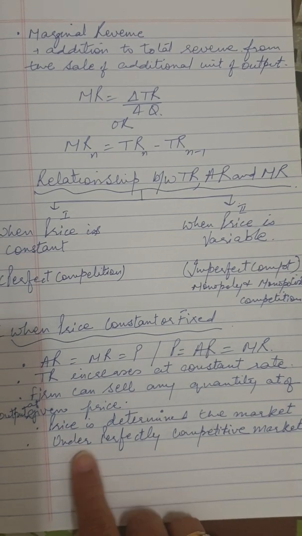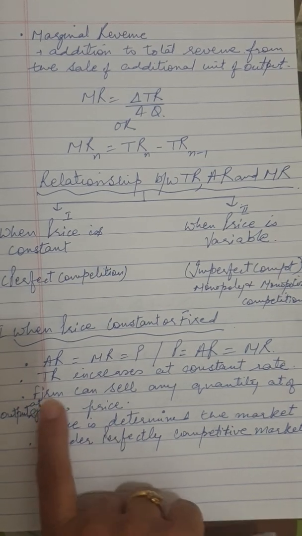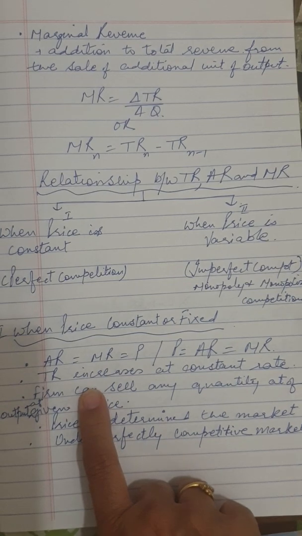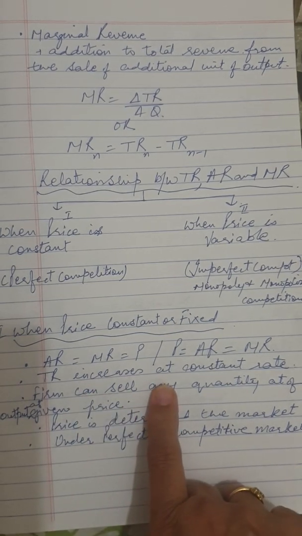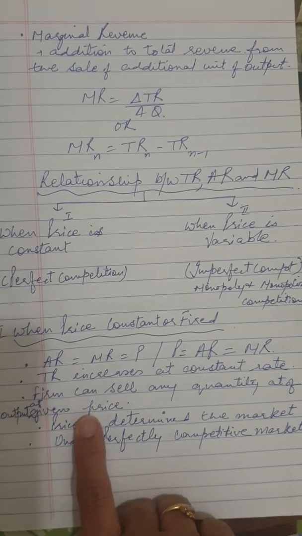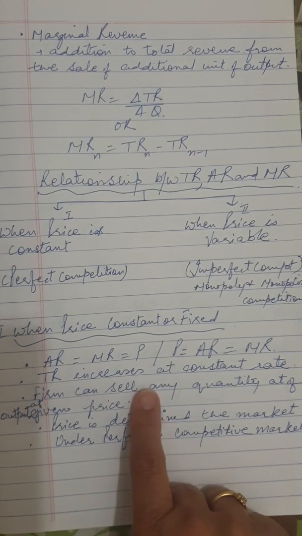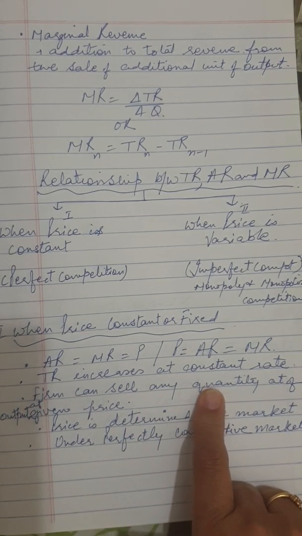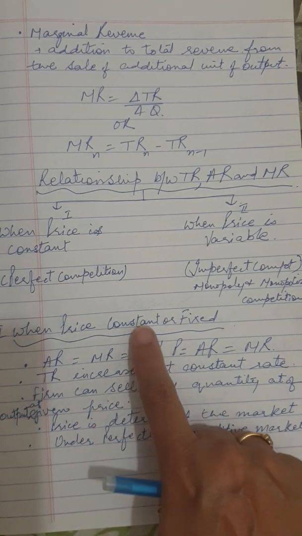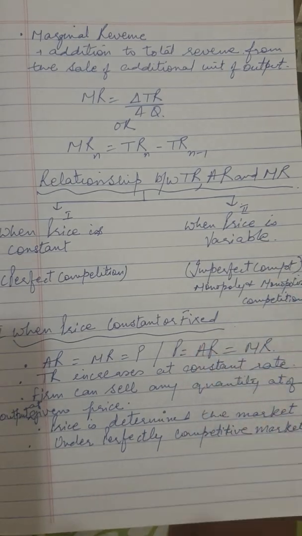Price is given, so no firm can change that price, but they can sell any quantity of the output at the given price. That means a firm can change quantity but cannot change the price. That is why price is constant or fixed.